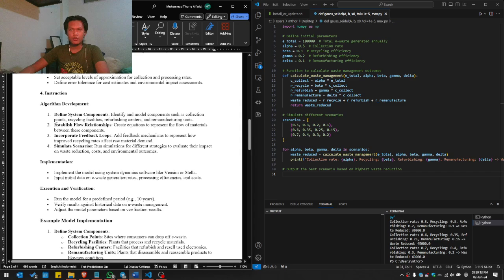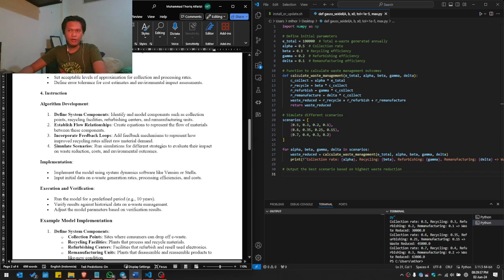The second one is to establish flow relationships, and that is to create equations to represent the flow of materials between those components. And the third one is incorporate feedback loops, and that is to add feedback mechanisms to represent how improved recycling rates affect raw material demand.